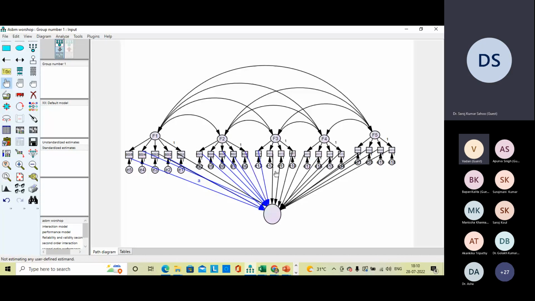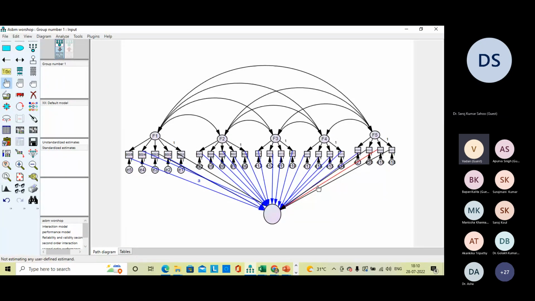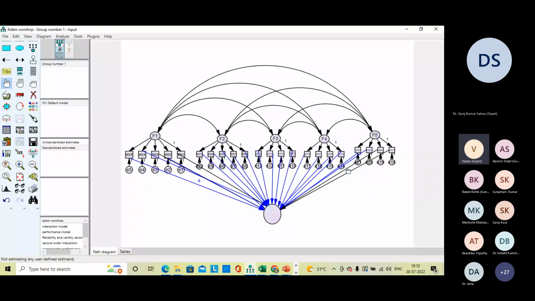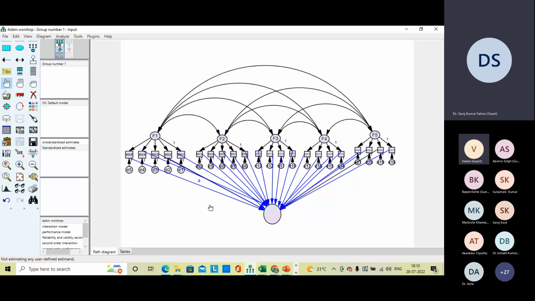Select. Is there any black arrow mark? See this?